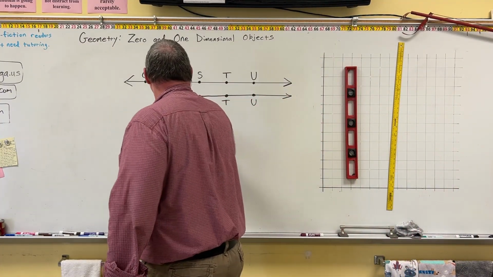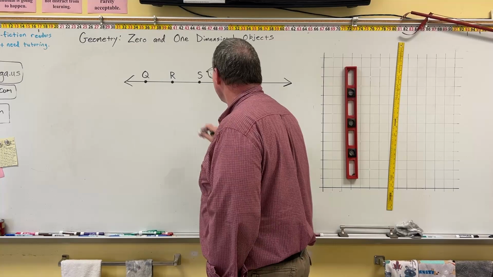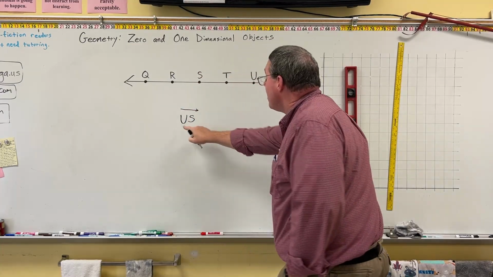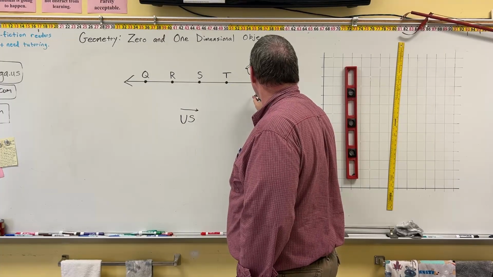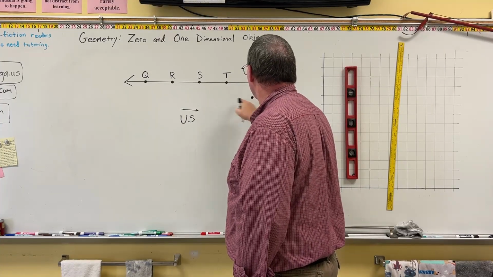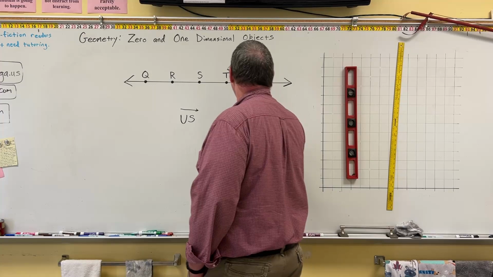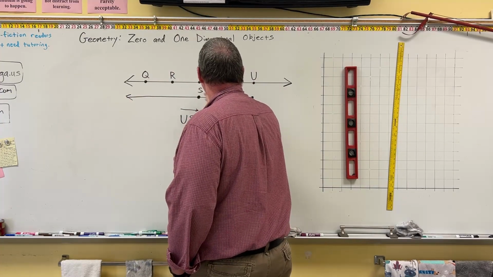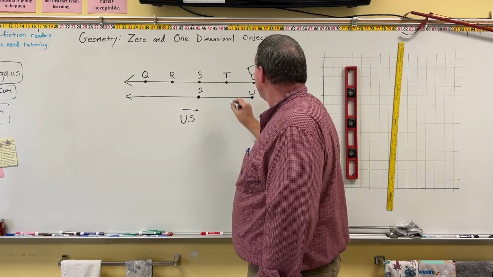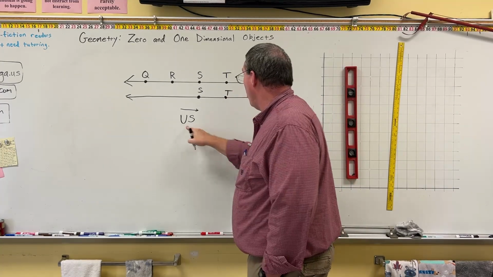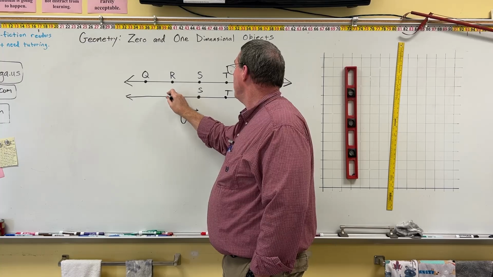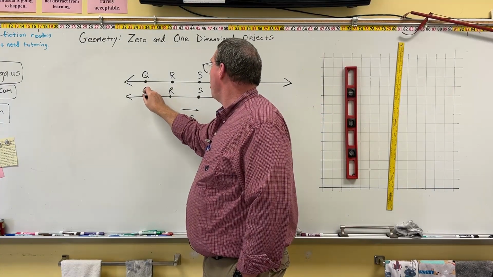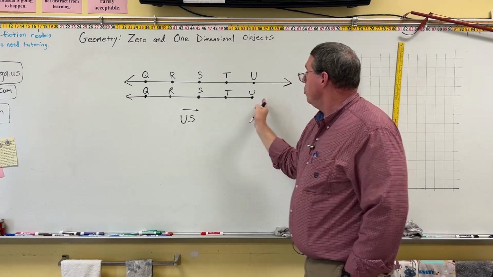However, if we were to identify ray US, the endpoint would be at U. And so US would start here and it would include S, so it would be a ray extending in the left direction, and it would include both S and U. Note that point T is on ray US, point R is also on ray US, and point Q is also on ray US.